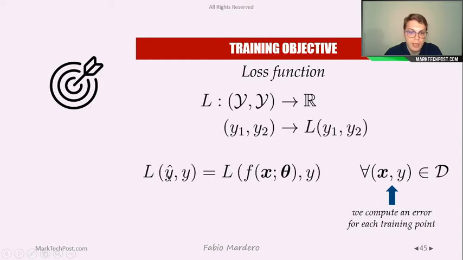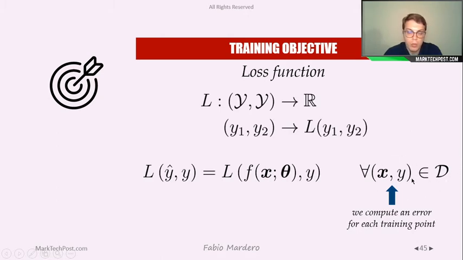Well, we take the predicted value from the machine learning model and the real value we have observed, and we can compute a loss, a sort of error between the prediction and what we have really observed. Here the loss function is computed event by event, observation by observation. So we can apply the loss function for each of these elements in the dataset.